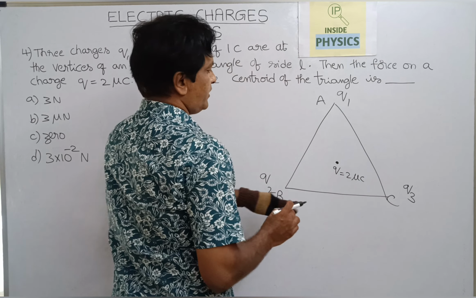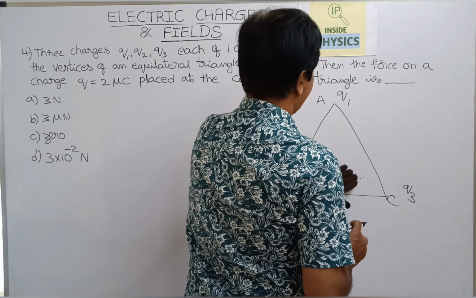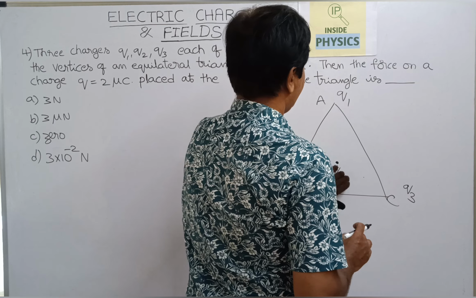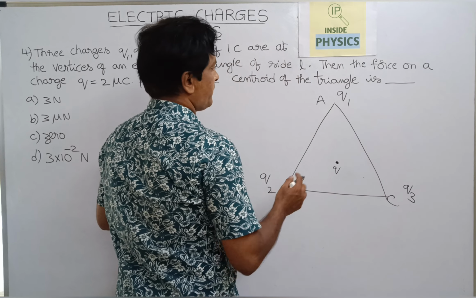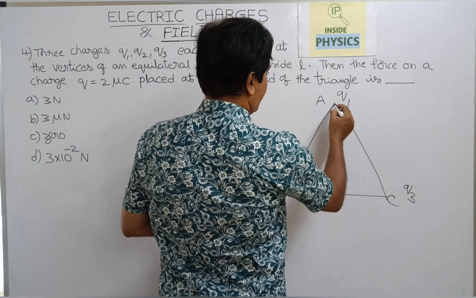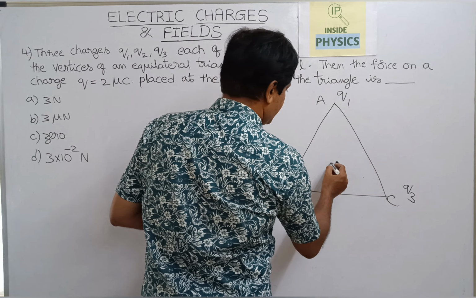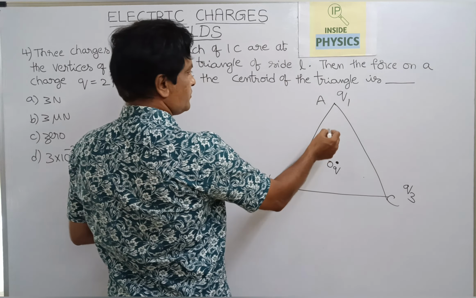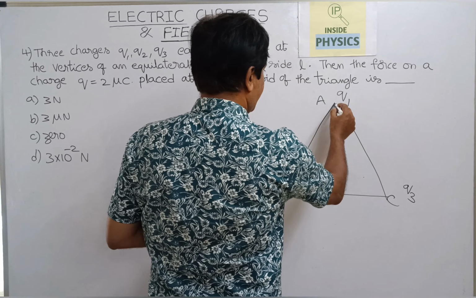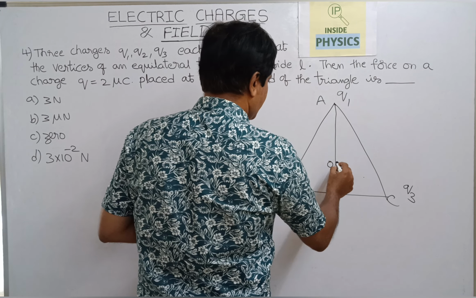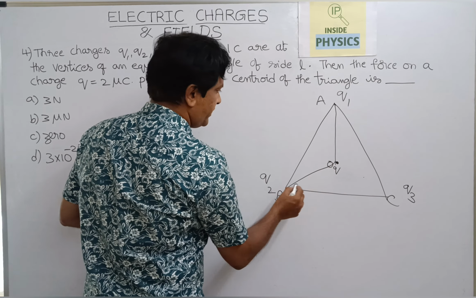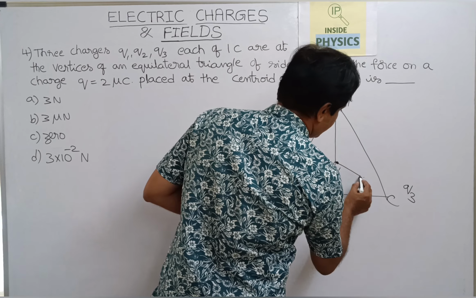So here this small charge will experience a repulsion because of the other three charges. If you consider this as O, this distance is OA, this distance is OB, and this distance is OC.